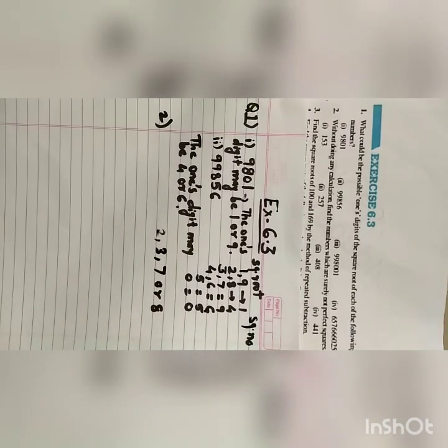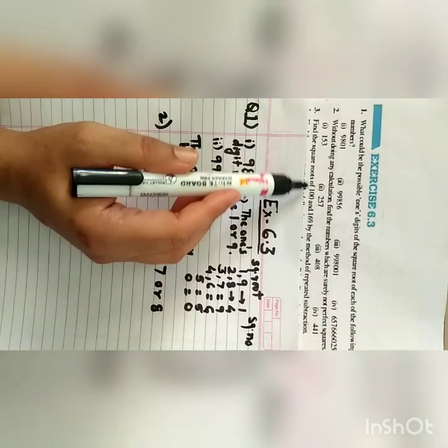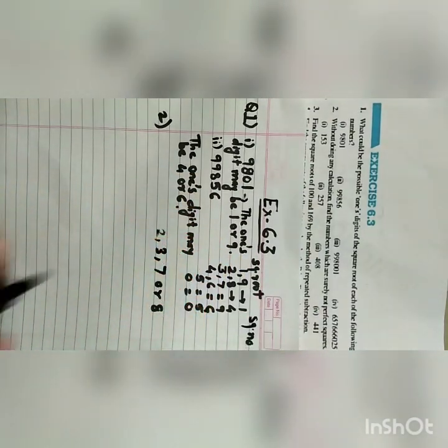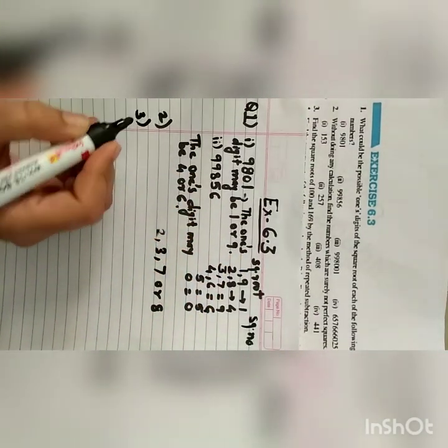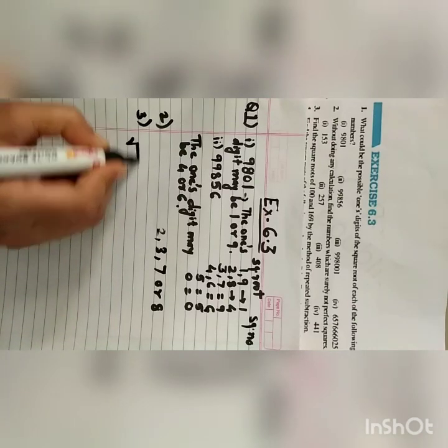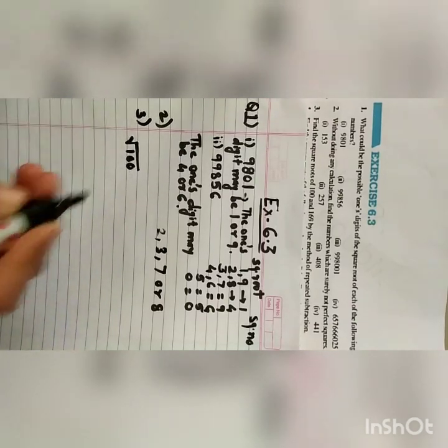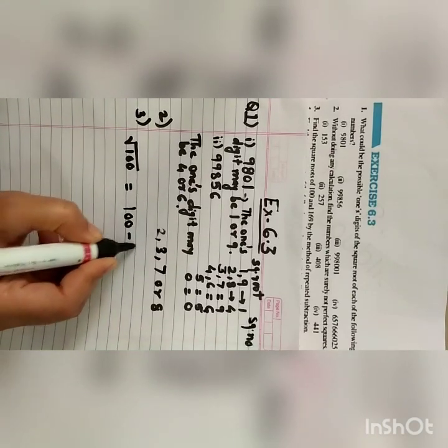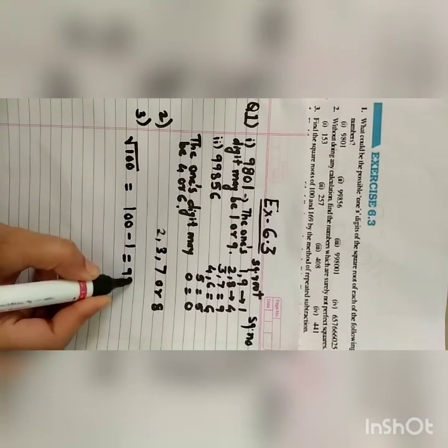Third question. Find the square root of 100 and 169 by method of repeated subtraction. What is the method of repeated subtraction? If we have to find out the square root of 100, then we have to start with subtracting the first odd number 1, that is equal to 99.